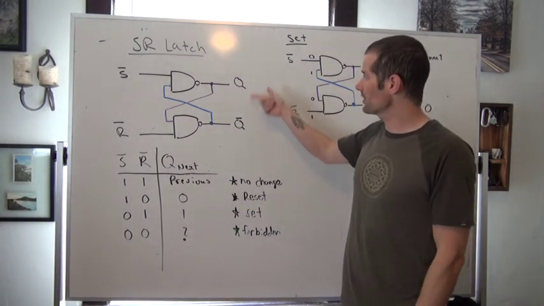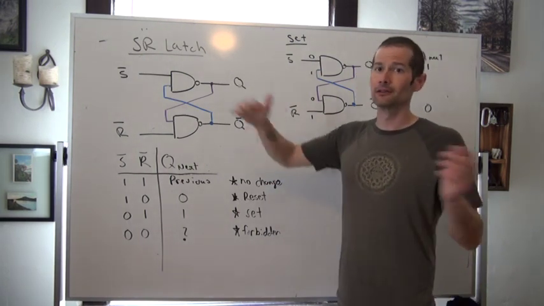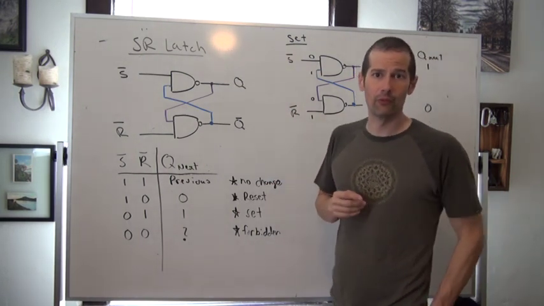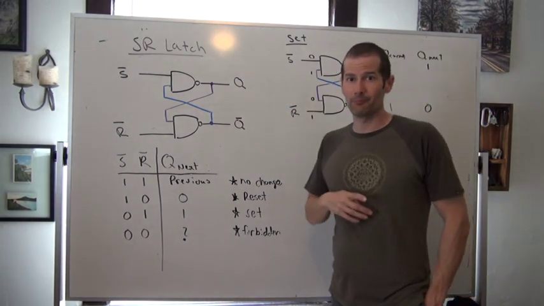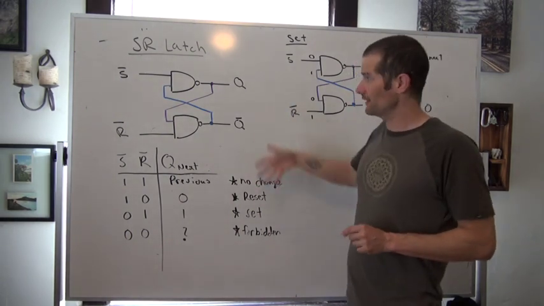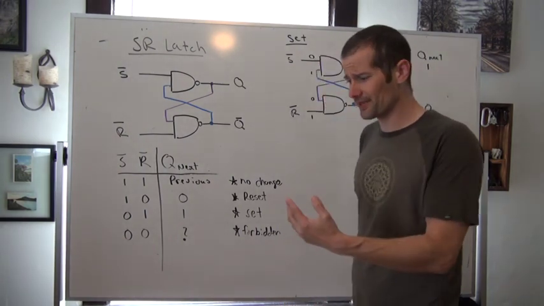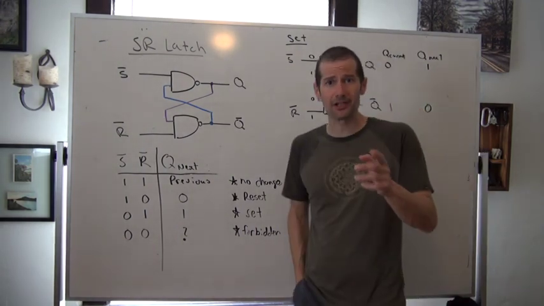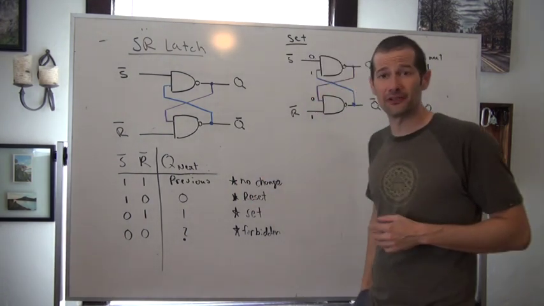We want both of these to always be opposite of each other because we may be using Q and Q bar somewhere else within our memory system. If both of these break the rule of being opposite with each other, then these values become null and void. So the basic building block of memory, the SR latch, has some issues and we need to fix it.